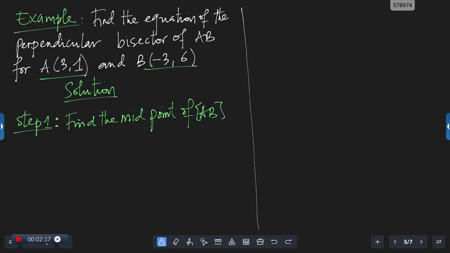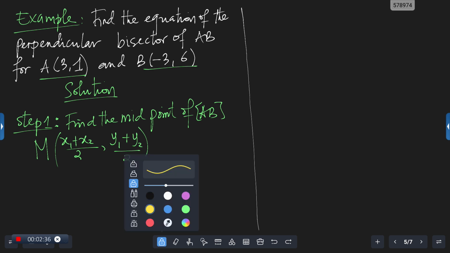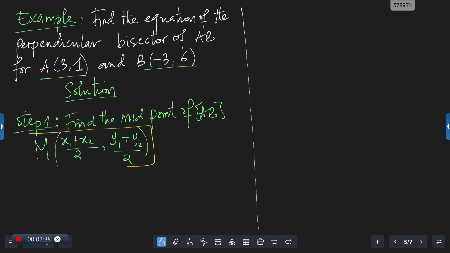The midpoint of AB can be found using the formula m equals (x1 plus x2 divided by 2, comma, y1 plus y2 divided by 2). Notice that these are coordinates, so we must maintain them as coordinates, no equality sign.